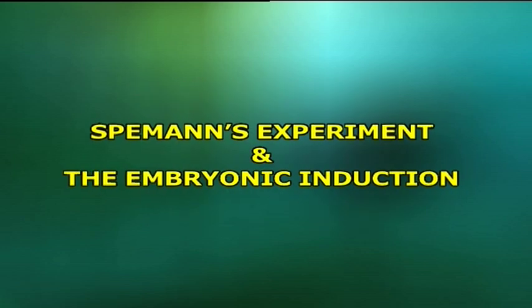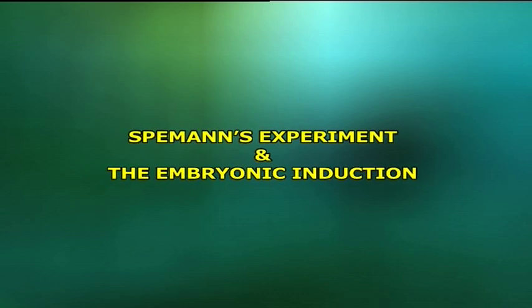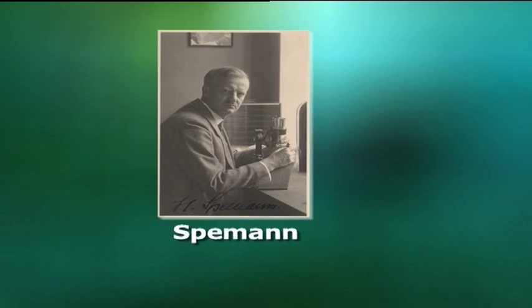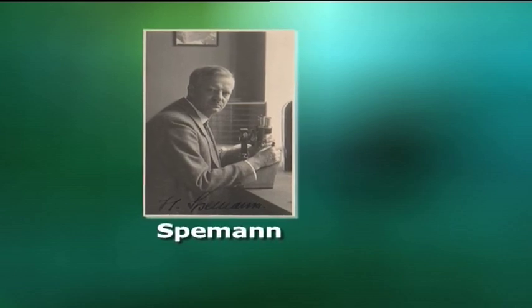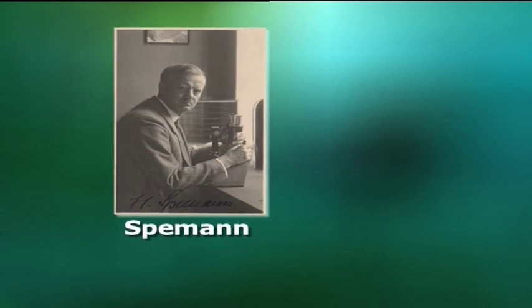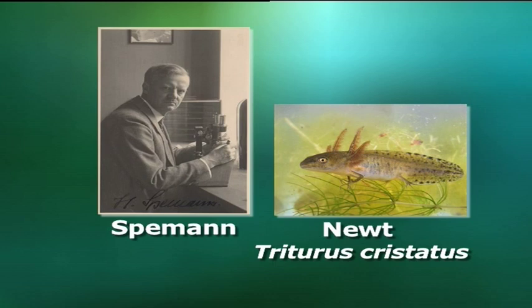Starting with Spemann's experiment and embryonic induction. Embryologist Hans Spemann succeeded in scratching out the cells of the dorsal lip of the blastopore of an early gastrula of a newt, Triturus cristatus, before their inward migration.